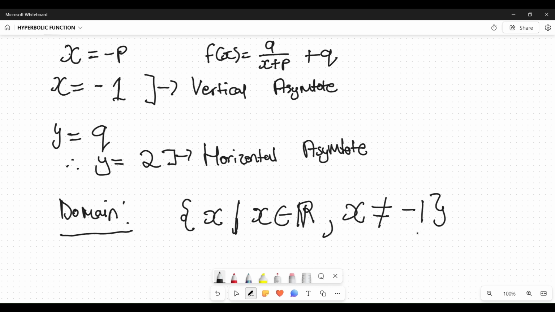So x can be any real number besides negative 1. That's our domain.